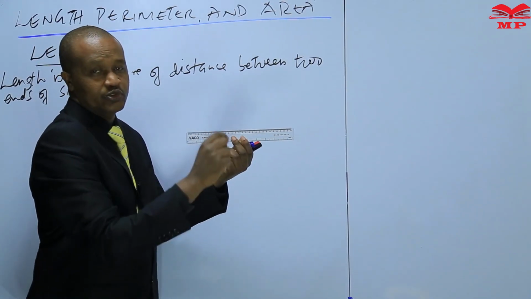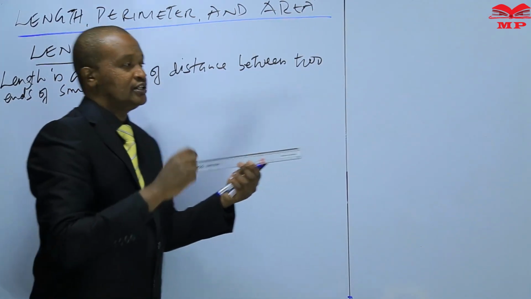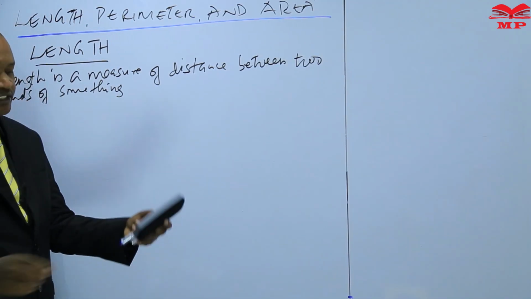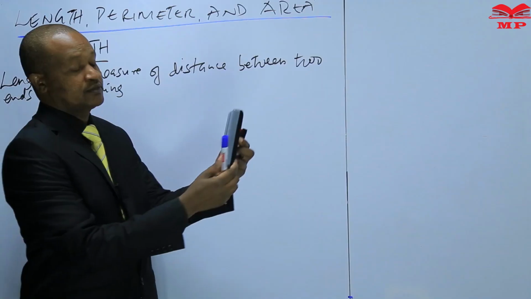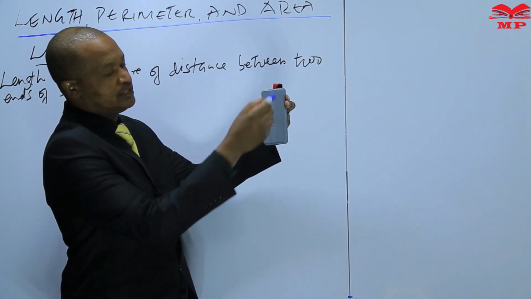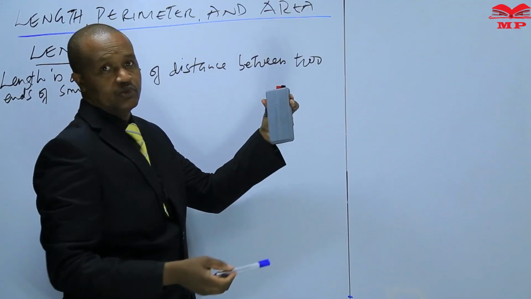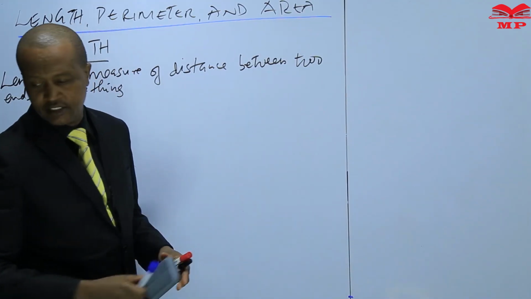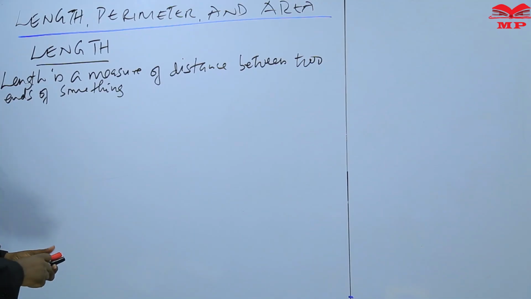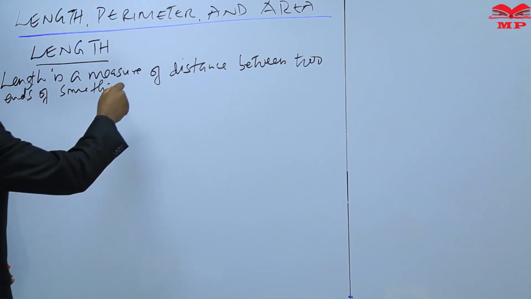It can be this duster here. The distance between this point and this point is what we call length. So length is a measure of distance between two ends of something.